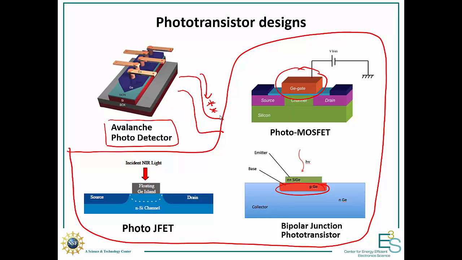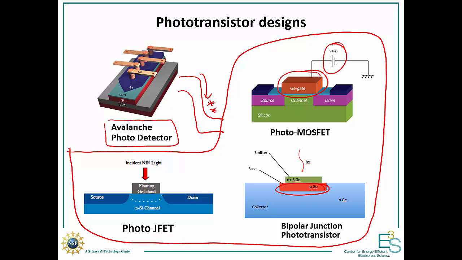Now there's several problems associated with each one of these different transistors. The photo MOSFET: your gate here is made out of germanium, so that's where you absorb your light, and it is not very highly doped.